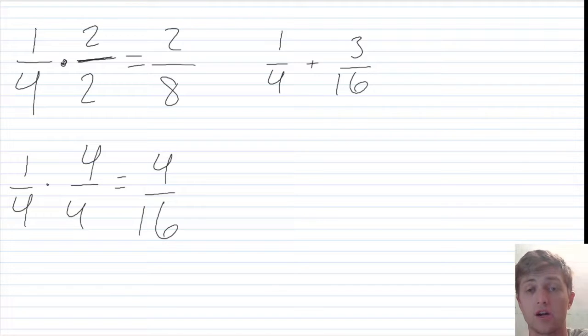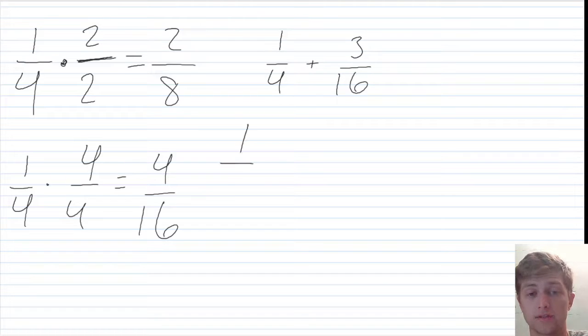Look back on our least common denominator, least common multiple video, and you'll see how we find it for 4 and 16. But the least common multiple for 4 and 16 is 16. So we need both denominators to equal 16. This one's already equal to 16. So we need to just change 1 over 4 to have a denominator of 16.